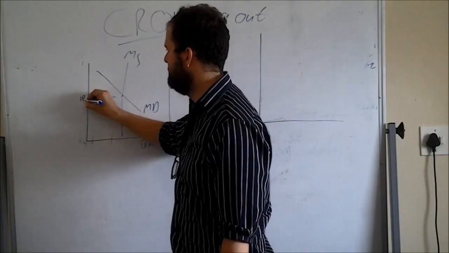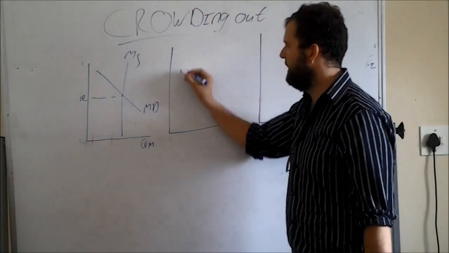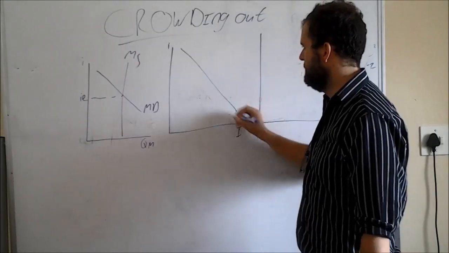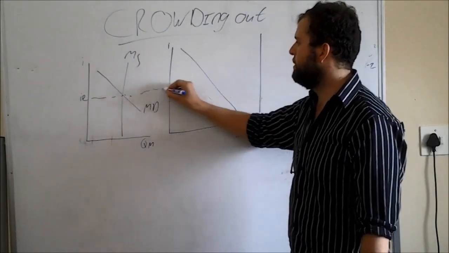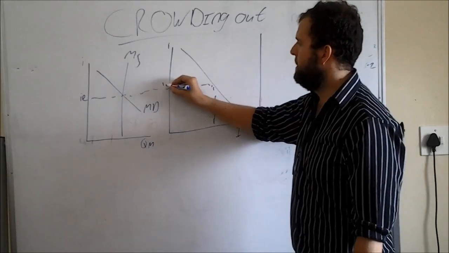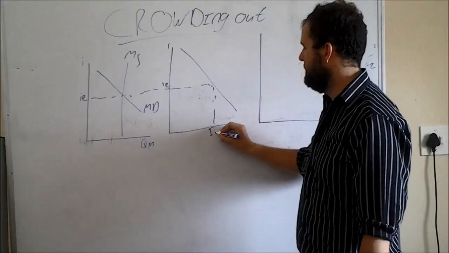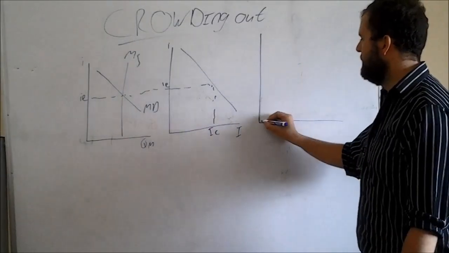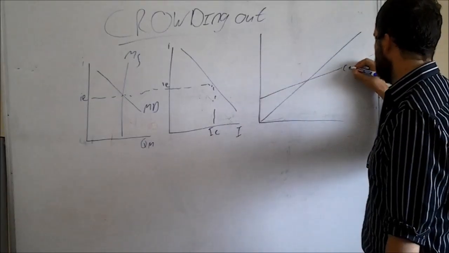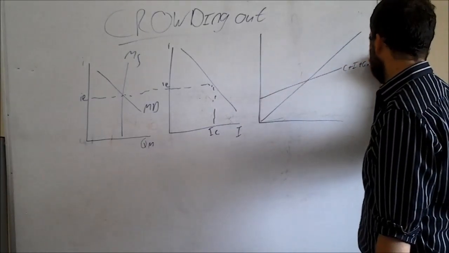Then we'll have your interest rates and investment link graph. You can draw your equilibrium interest rate, and then I E, investment E. And then you can have your 45-degree line, and you can draw your aggregate expenditure, C plus I plus G.